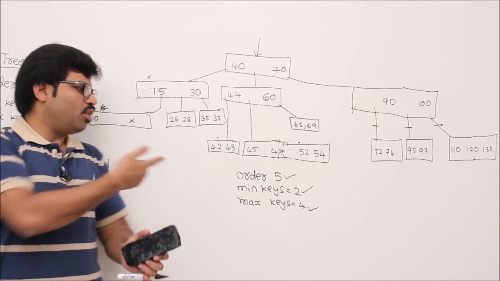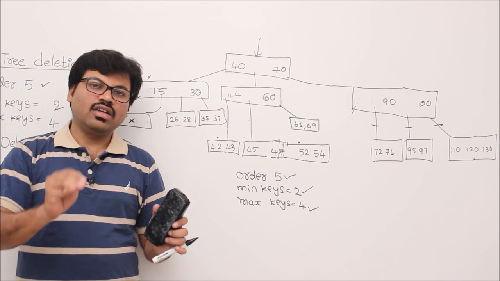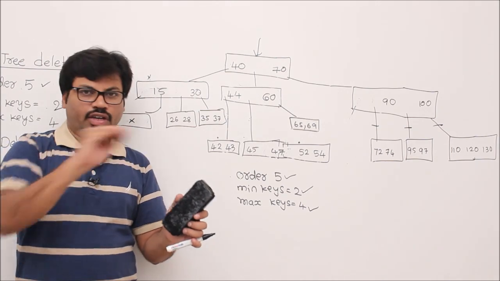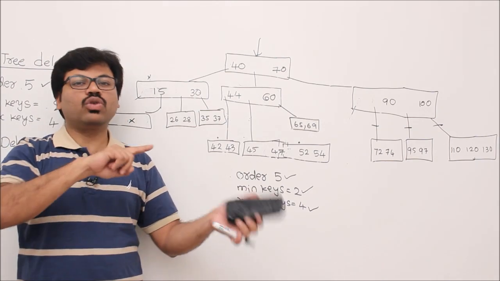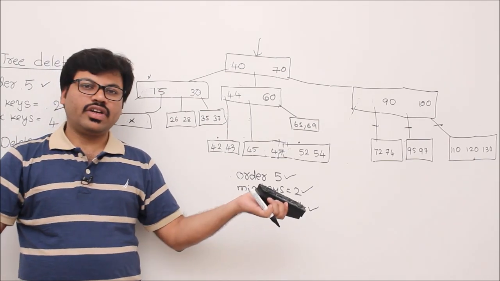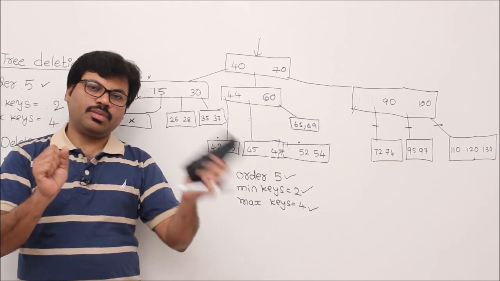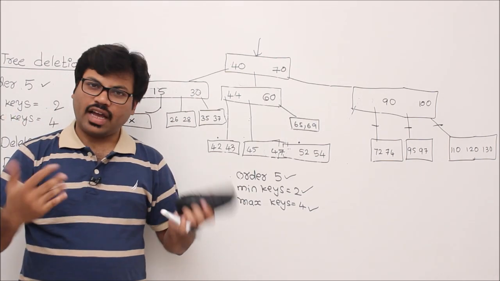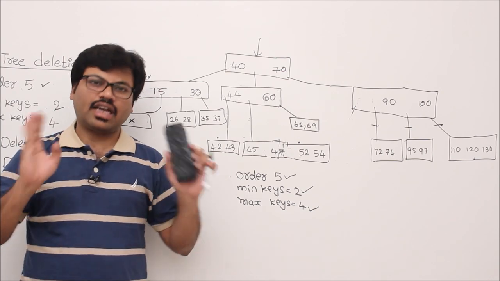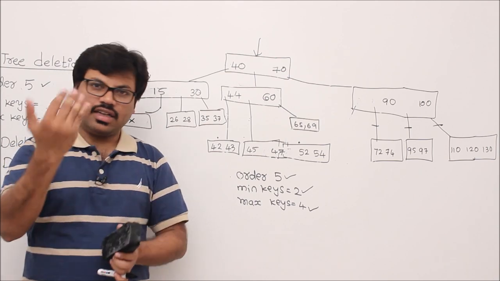At that time, the minimum condition might be violated. At that time, what to do? Then do the same thing like borrowing. From now onwards, at that time you have to go for borrowing. Borrow from the left sibling or right sibling. If it is not possible, that means your internal node's left sibling and right sibling both do not have sufficient keys. They have exactly the minimum keys. Then what to do? Simple, same merging. At that time we merge.